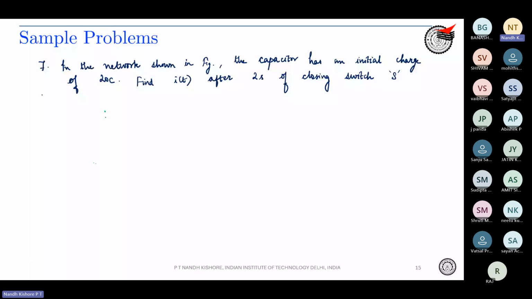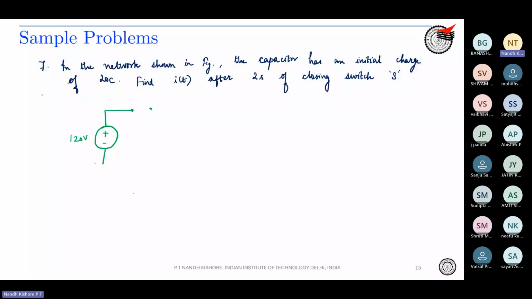I have a circuit as shown over here. There is a switch, a 2 ohm resistor, and a 0.5 farad capacitor.